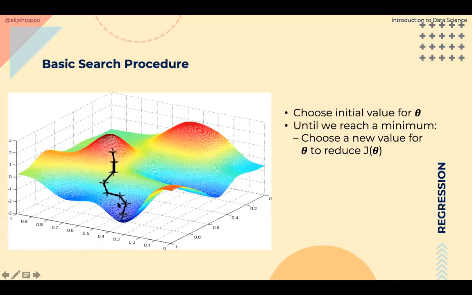Now, this is an interesting explanation of how we are trying to reduce our cost by trying to move theta. So basically, we want the direction. At every point, we need to know which direction to move and update my theta value, so that the cost function will go on reducing.